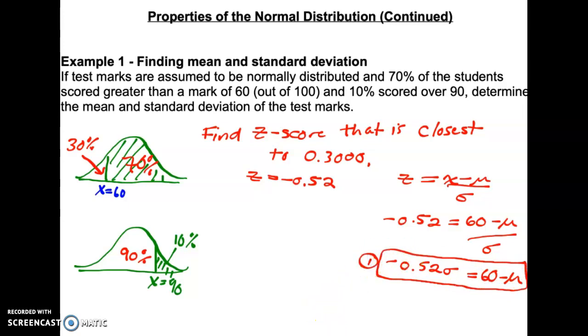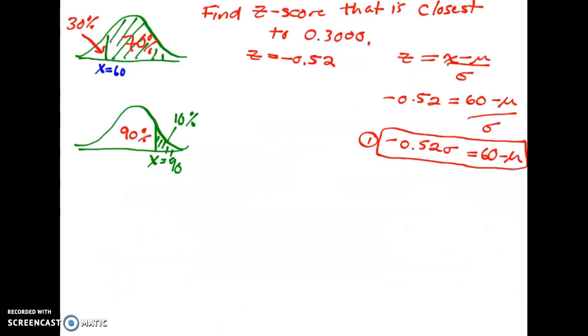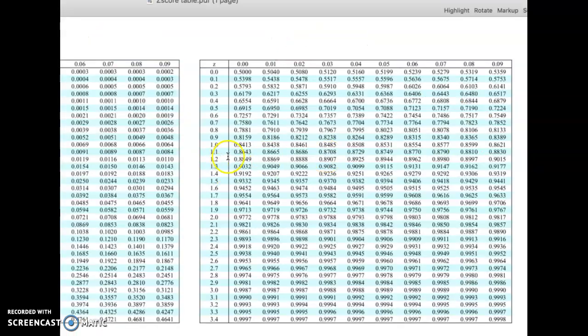And if we remember back to grade 10, if we're solving for two variables, we need two equations. So we're going to use this second set of data here about the 90% in order to get our second equation. So once again, we're going to find a z-score that is closest to 90%. Okay, so the one closest to 0.9, we have 0.89.